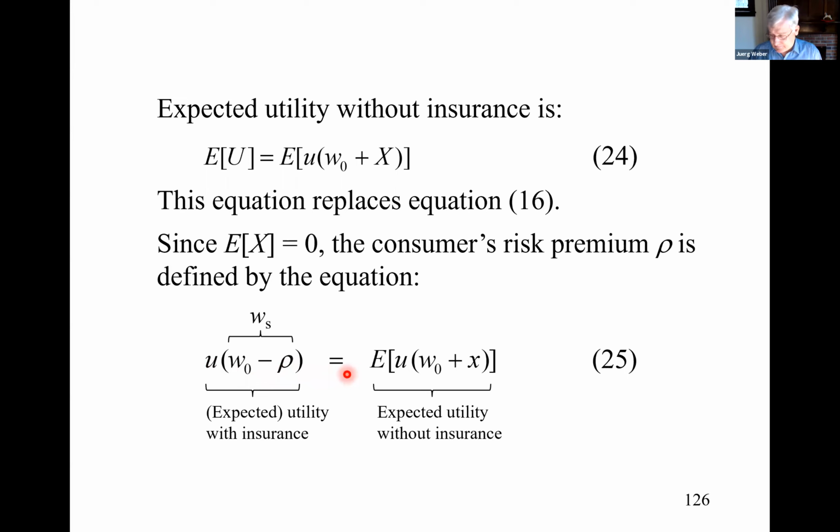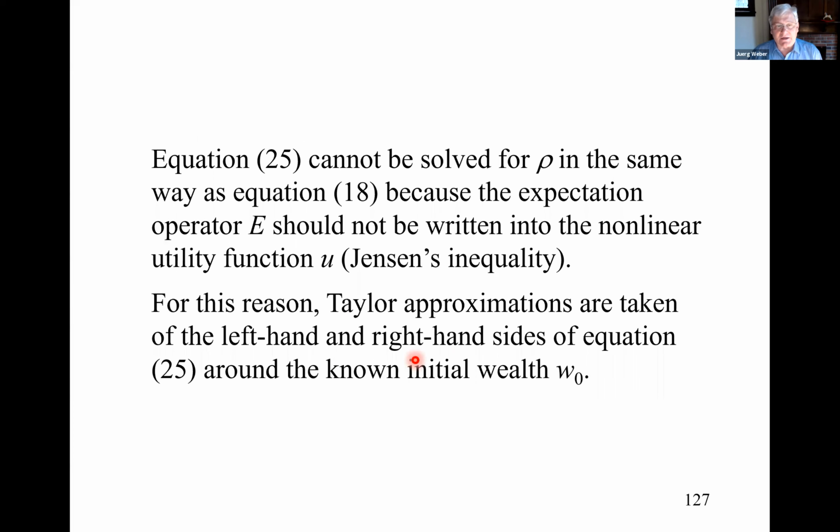So what we will do is some Taylor series approximation. On both the left and right-hand side, we take Taylor series approximations around the known initial value of wealth W0.